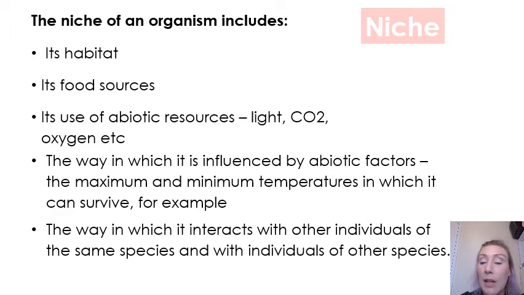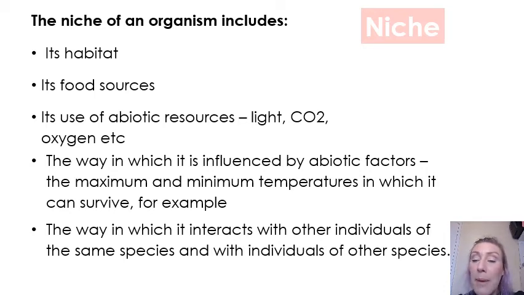It's definitely going to include where it lives, its habitat, it might include its food sources, as we've seen with the birds, but also things like abiotic resources it might need. Okay, the way in which it is influenced by abiotic factors, like its maximum and minimum temperatures that it requires for survival. It may be the way it interacts with other individuals of the same species and with individuals of other species as well.